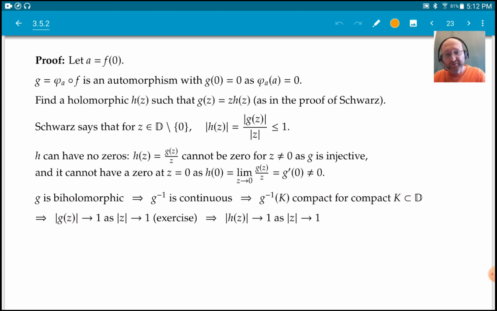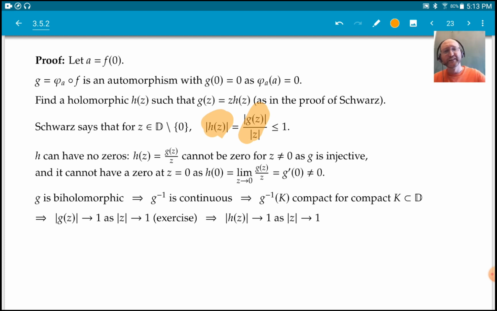Now, what does that mean? Well, it means that h is going to do the same thing. As you approach modulus of z equal to 1, g and h are not quite the same thing, but they get closer and closer.